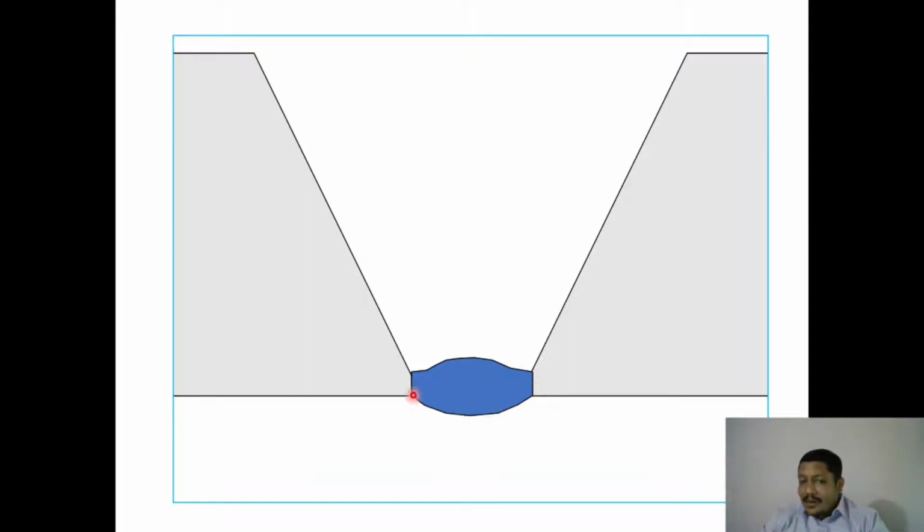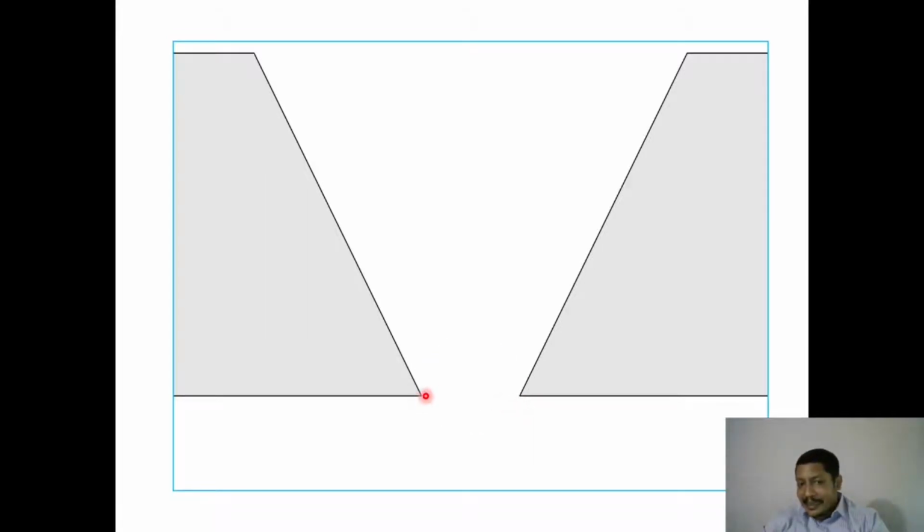So you can see over here, these areas will not get properly fused or joined. The same thing will happen here. Here you can see the material thickness is very minimal. So if you provide it with excessive heat, these tip areas may get melted off. As a result also, the proper joining will not take place.